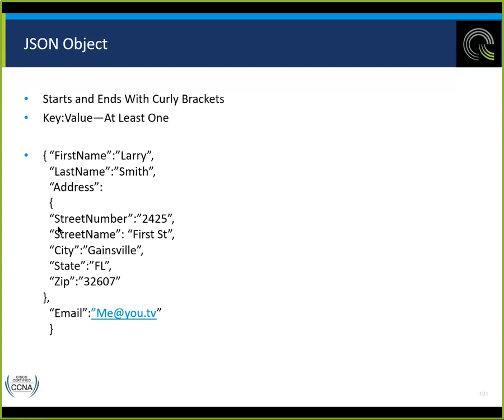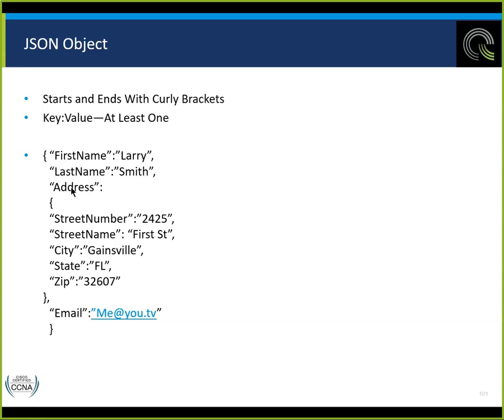We have curly brackets here and did this thing here, so we have an object within an object. We can do that. We have key value pairs, at least one: first name colon value, last name in quotes colon the value, and all these are text strings. Text strings are going to be in quotes.